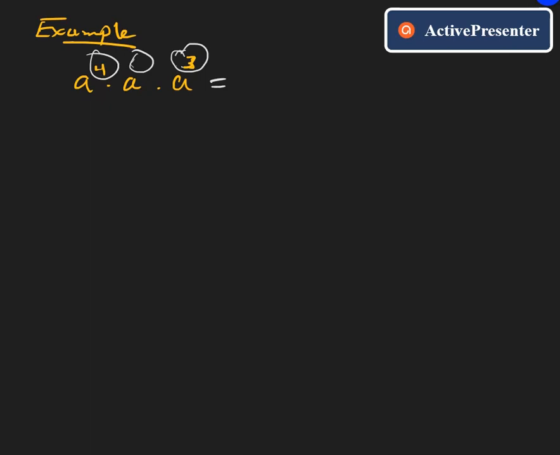Of course, here nothing is written, but we know it is 1, so the answer should be a to the power 4 plus 1 plus 3, which is eventually a to the power 8.